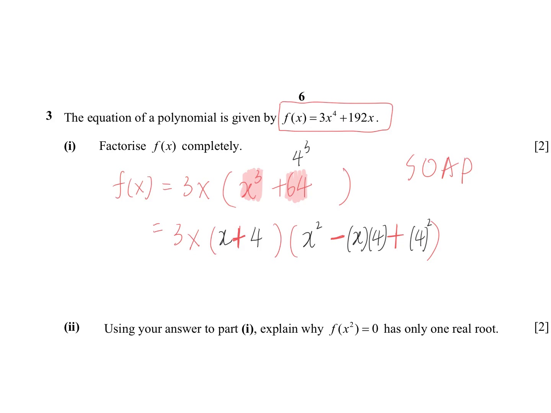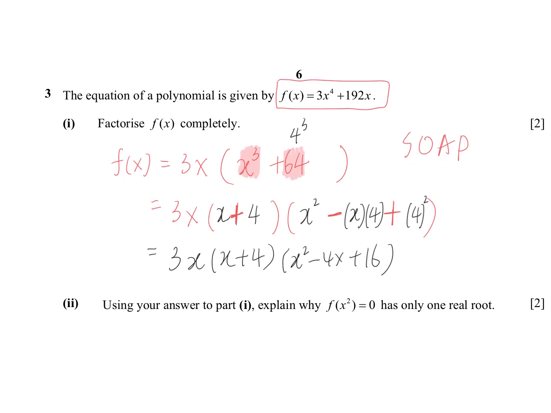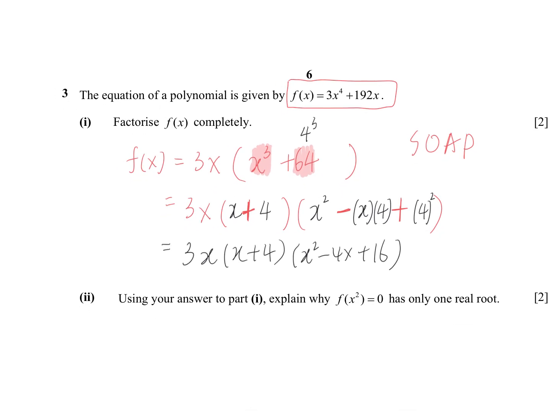So simplify everything, you end up having 3x, x plus 4, x squared minus 4x plus 16. Usually this last one cannot be factorized anymore. Then that will be your factorized form.